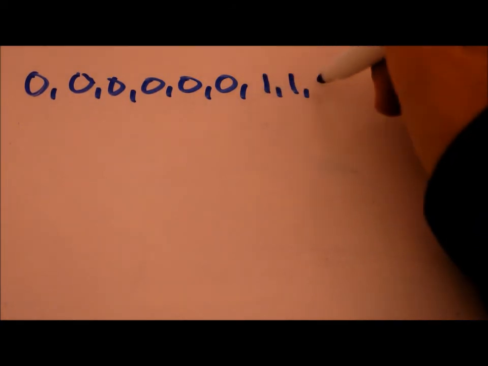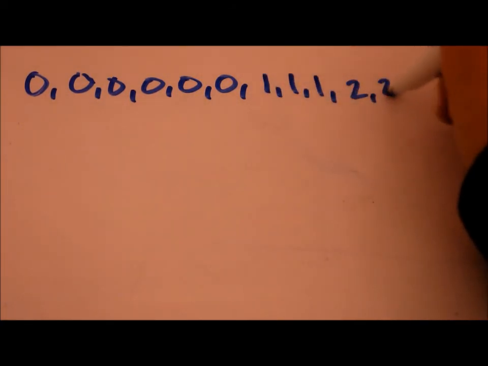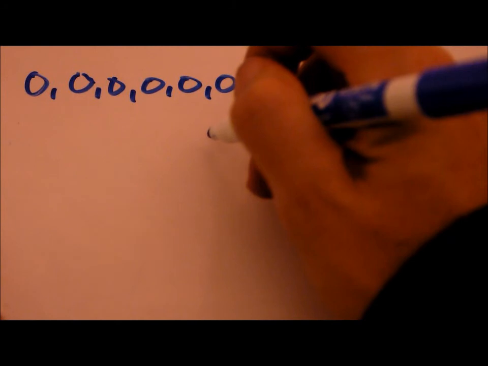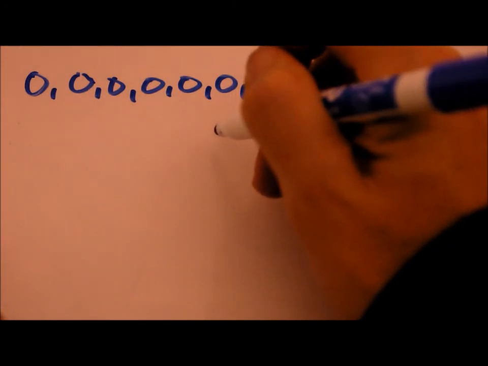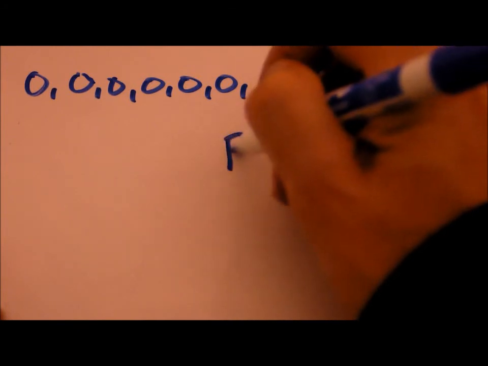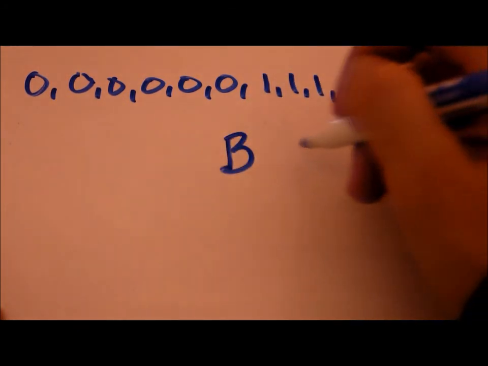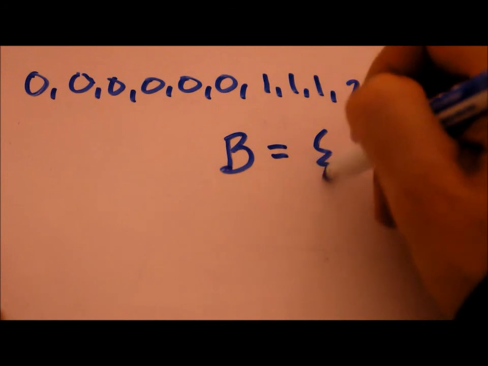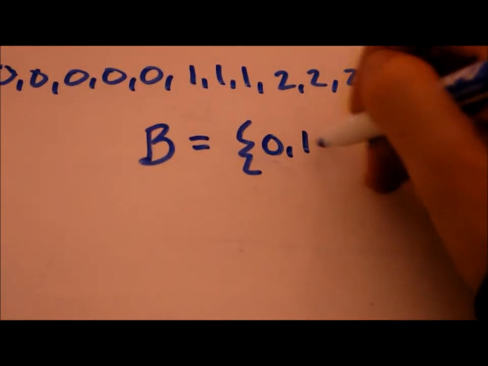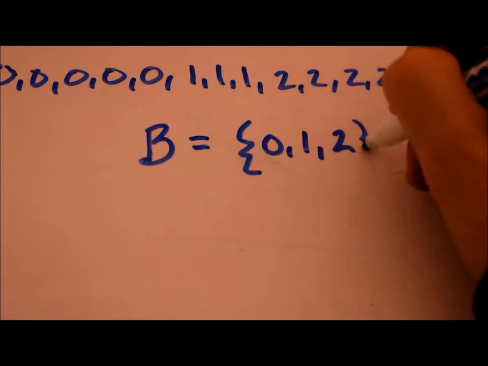So they had like this, and then a bunch of 2s. Anyway, we have repeats, right? If we wanted to designate these numbers as members of set B, we would say B equals the braces, and the members of this set are 0, 1, and 2. And then you close your set.